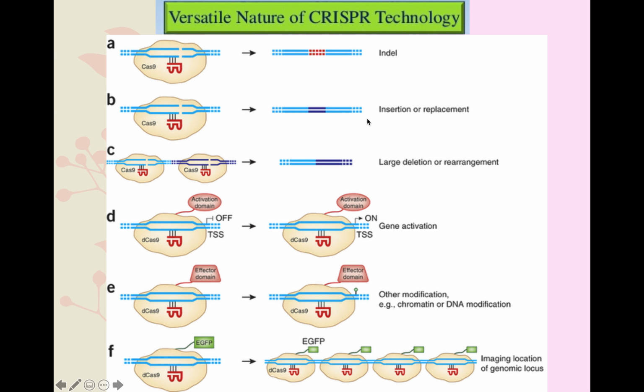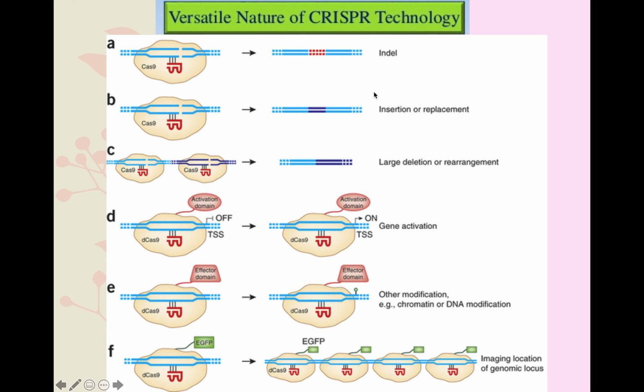Alright, so the versatile nature of the CRISPR technology is that it could be used in a variety of ways, I would say, such as insertion. For example, in the first one, in A, you can see that it could be used for indel, which means insertion and deletion.